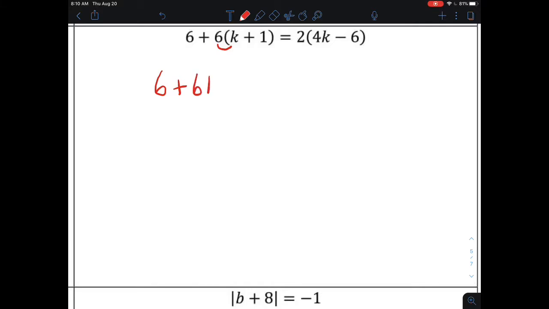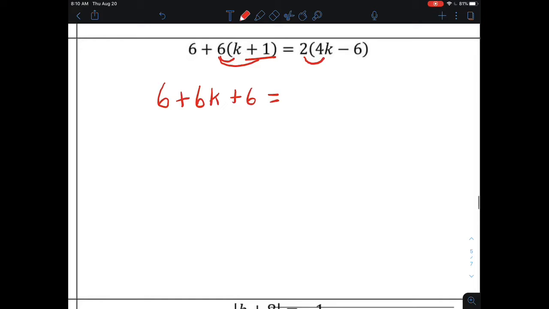So plus 6k, and then 6 times that positive 1 gives me positive 6, so plus 6 equals, do the same thing here with the 2. 2 times 4k gives me 8k, and then 2 times negative 6 gives me negative 12.